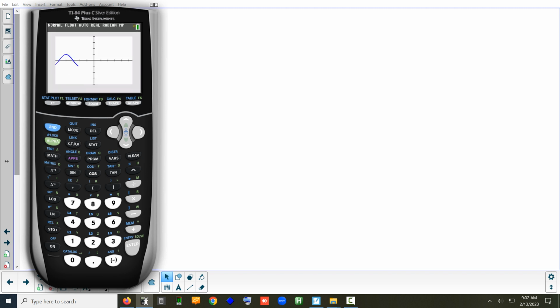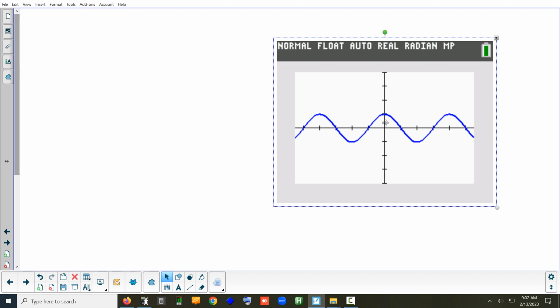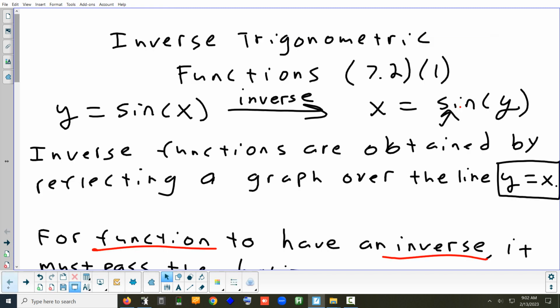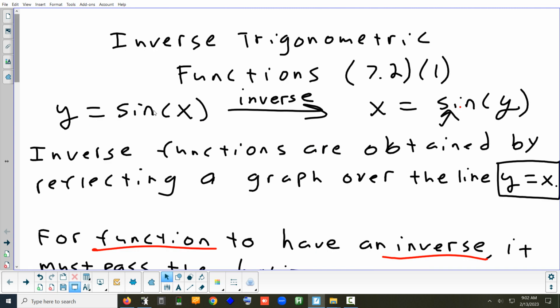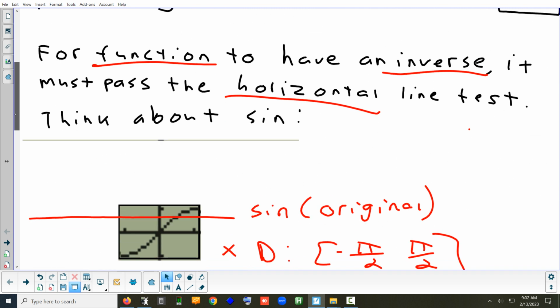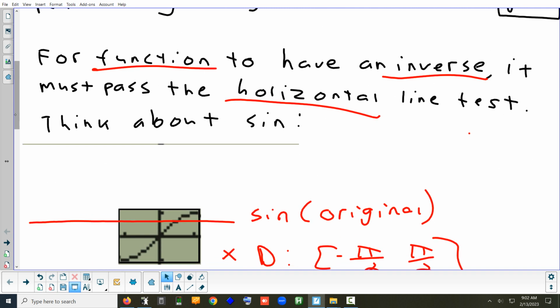Does cosine pass the horizontal line test? Okay, Caleb? No, it doesn't. No, it fails it. So what does it mean for something to fail the horizontal line test? It means that the function we are looking at does not have an inverse. The function we are looking at does not have an inverse because it fails the horizontal line test.